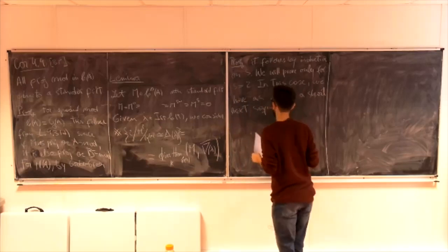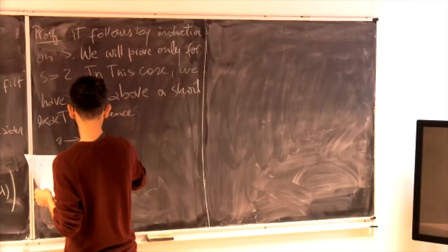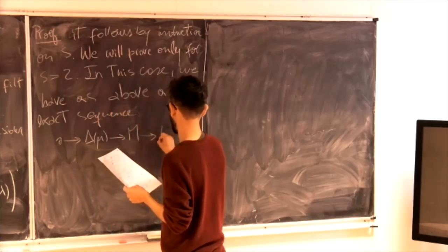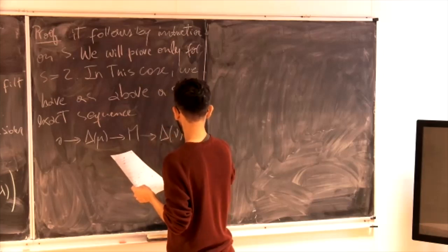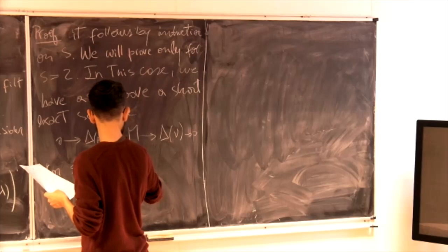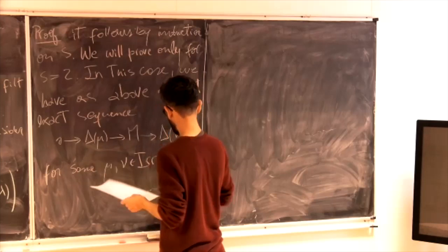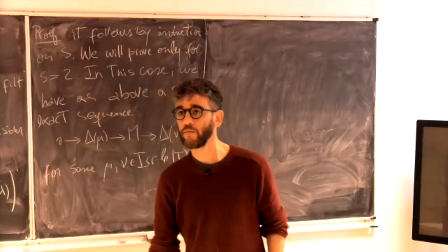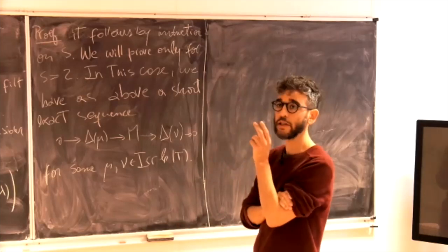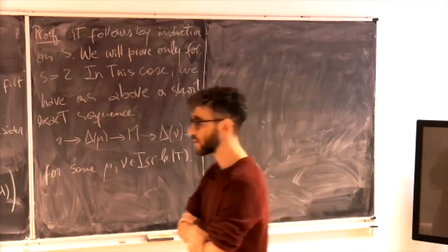To have this standard filtration is the same as to have this short exact sequence, with delta mu and delta nu, for some mu and nu simple T modules. As we observed in the proof above, when the standard filtration has only 2 terms, it's the same to have this short exact sequence.